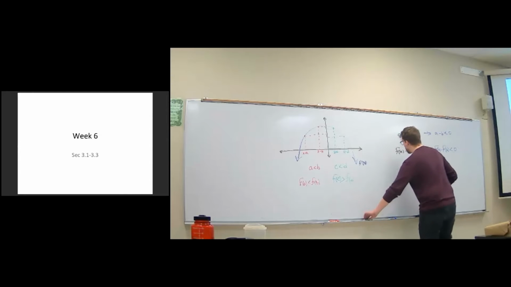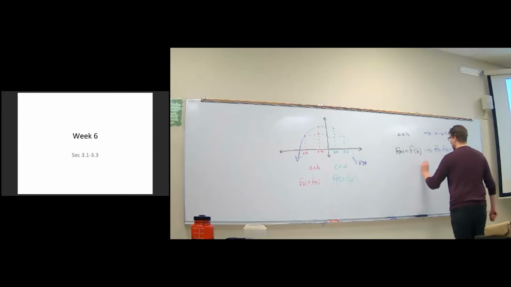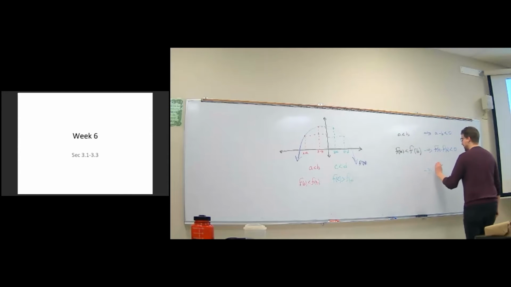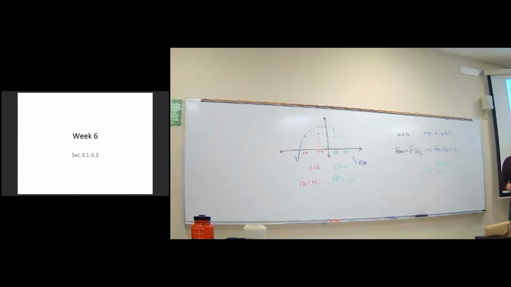And together, this tells us that the change in our slope, the secant line from these points, or that goes through these 2 points, it's going to have a positive slope.